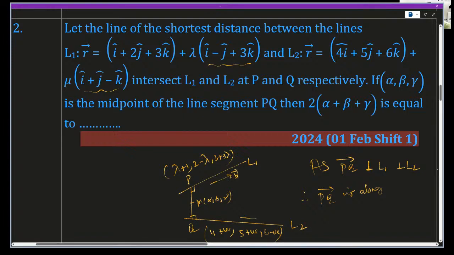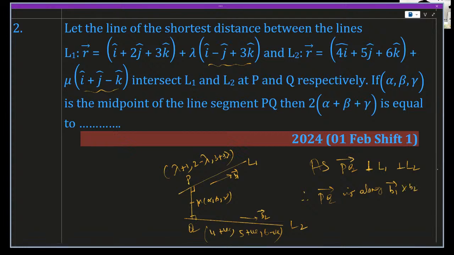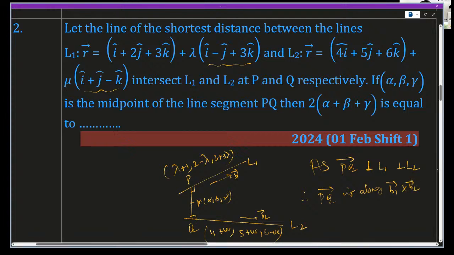With a little bit of idea of cross product, B1 cross B2 is the vector which is perpendicular to the plane containing B1 and B2. Don't be confused, you have the plane idea. So PQ is along B1 cross B2. Let us find B1 cross B2.